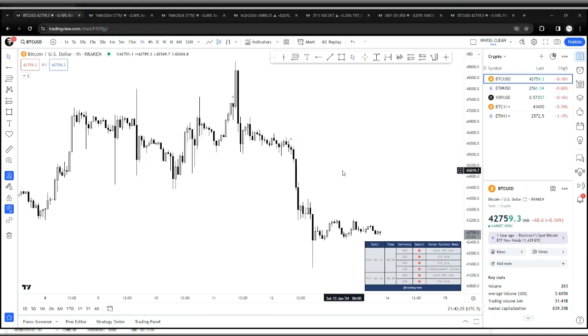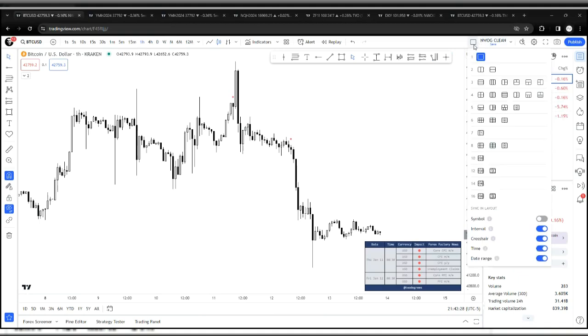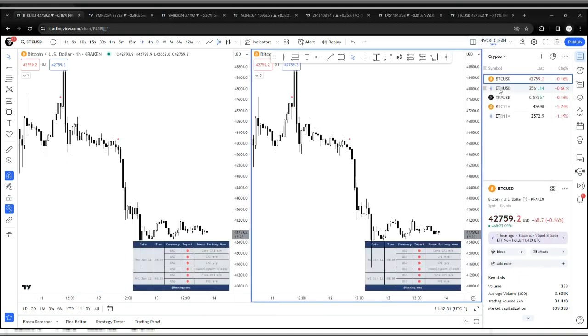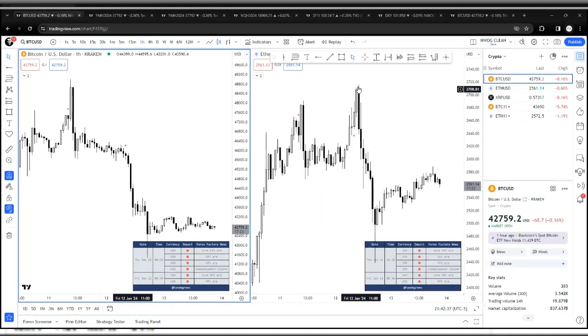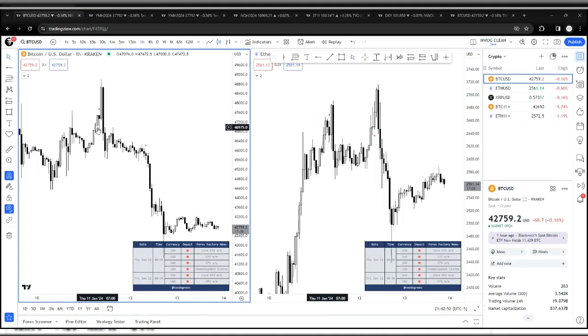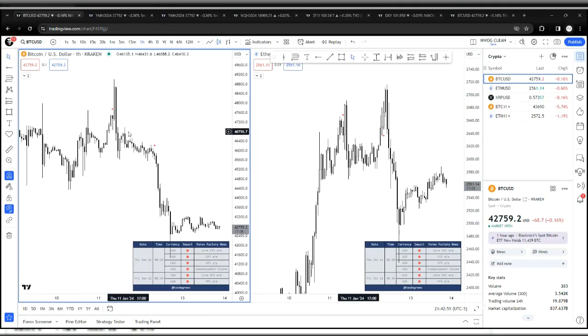Another thing to take into consideration is there was SMT divergence between Bitcoin and Ethereum on Friday, right? So I remember sometime around here, after this had happened, I tweeted that I was expecting a shift in macro trend.